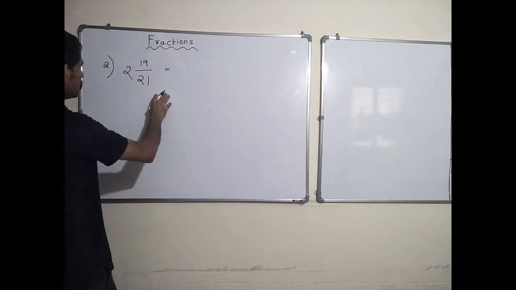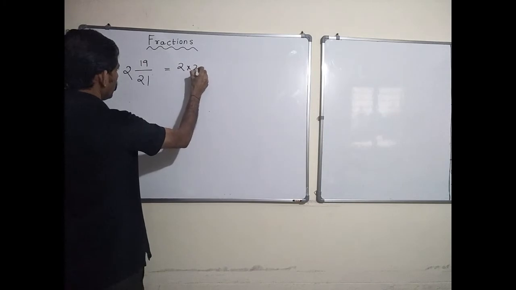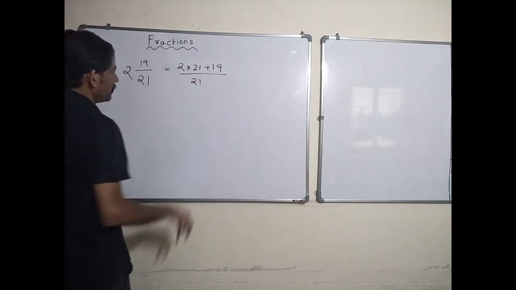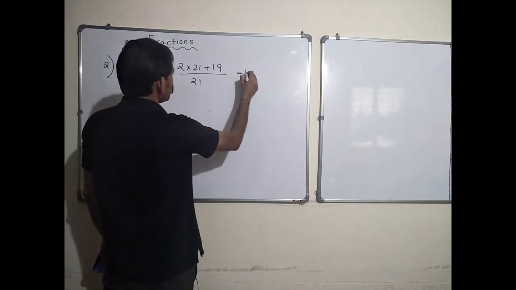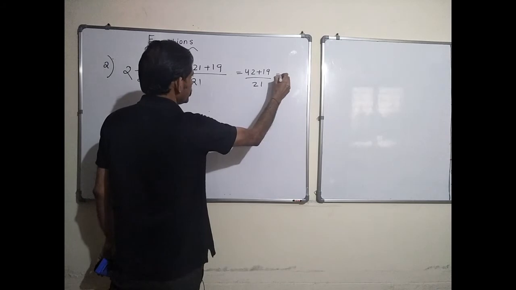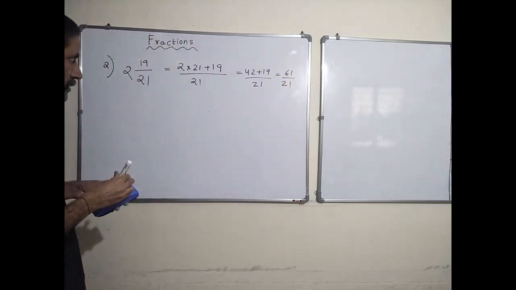Great. So let's solve this. So this becomes 2 into 21 plus 19 divided by 21. It's nothing but 42 plus 19 by 21, which is 61 by 21, correct?